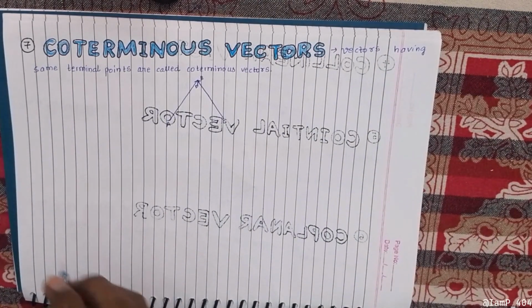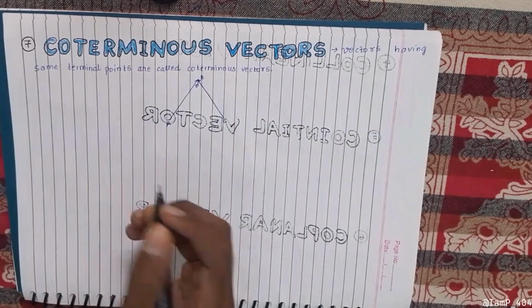Terminus. Then comes a negative vector. A vector which has the same magnitude but in the opposite direction is a negative vector.